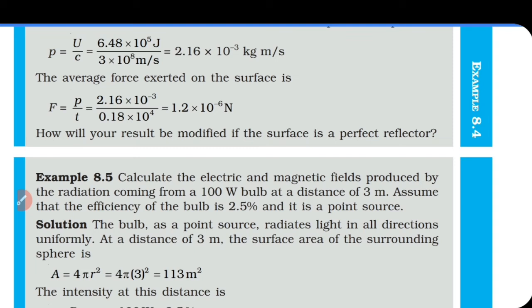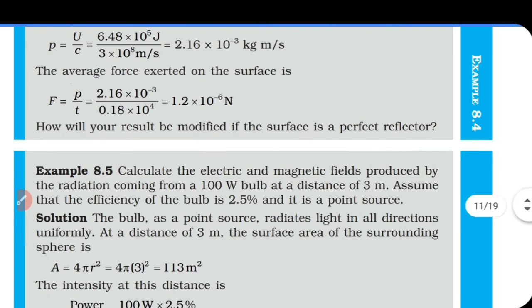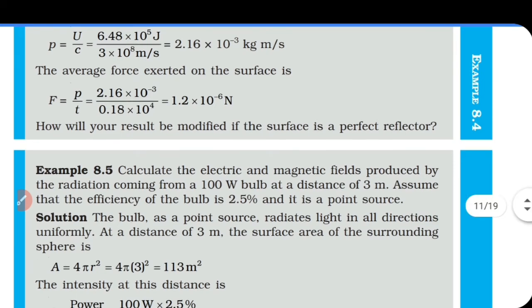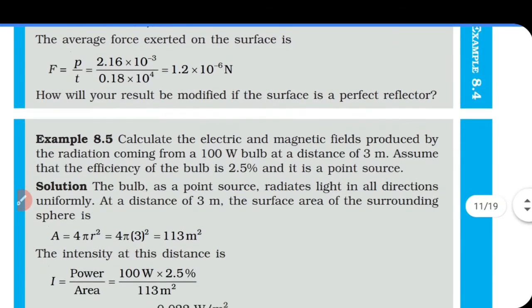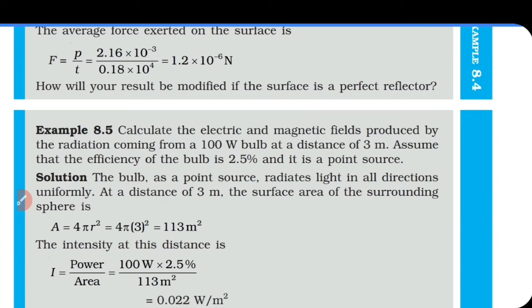So 2U by C will be the momentum, and therefore force also will get multiplied by 2. That means it will be 2 into 1.2 into 10 raised to minus 6 Newton, or 2.4 into 10 raised to minus 6 Newton. It's because for a perfect reflector, the change in momentum becomes twice.